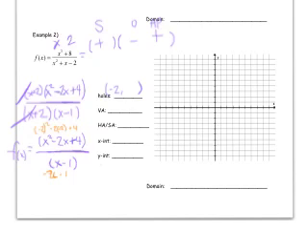So -2 squared, that's 4, plus 4, plus 4 is 12. And here I have -2 minus 1, that's -3, which reduces to -4. So -2 comma -4 is my hole.